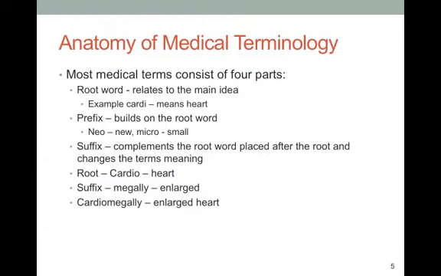Examples of this would be neo, as in neoplasm, and micro, meaning small, as in microscope. And a suffix complements the root word, placed after the root, and changes the term's meaning. An example with cardio would be megaly. So instead of just the heart, cardiomegaly would be an enlarged heart.